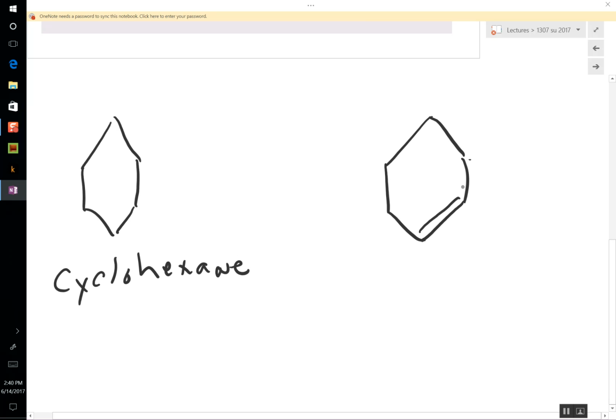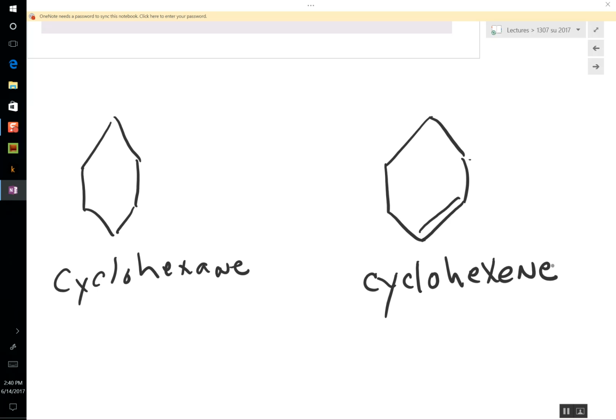There's cyclohexene. This is not an aromatic molecule. We haven't gotten to those yet. We're going to try to today, but this is just an alkene that is in a ring. Cyclohexene, and it has one double bond in it.